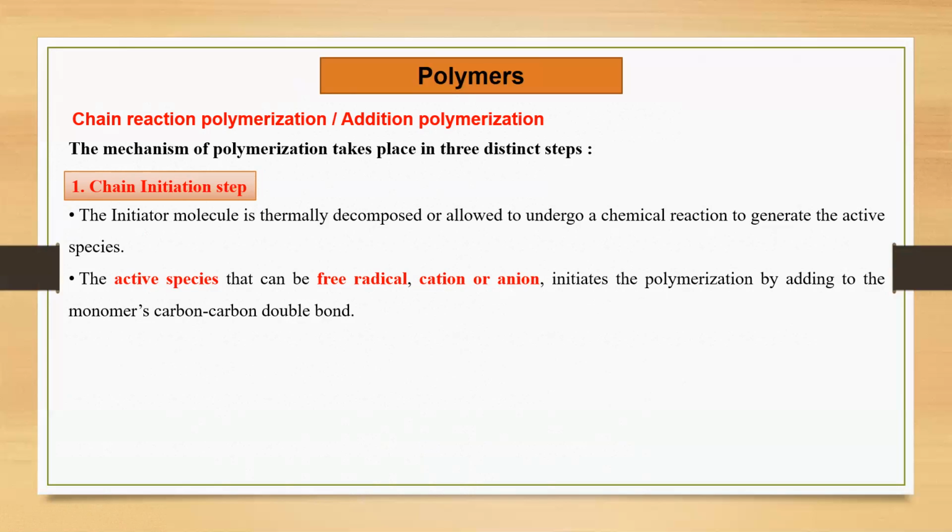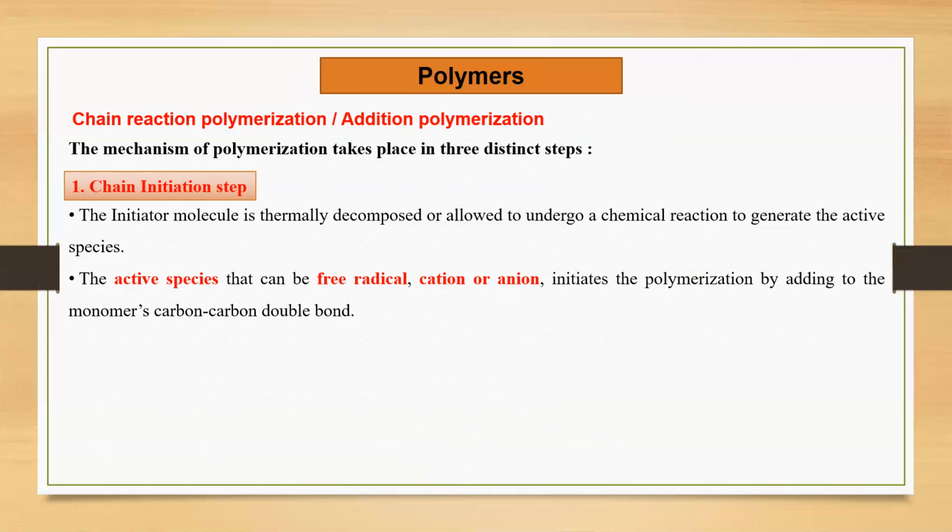Active species means something that can activate a single monomer so that it can propagate a chain. This active species can be a free radical, a cation, or an anion. It will attack the monomer's carbon-carbon double bond and activate the monomer to propagate the chain, that is, to attack further monomers.